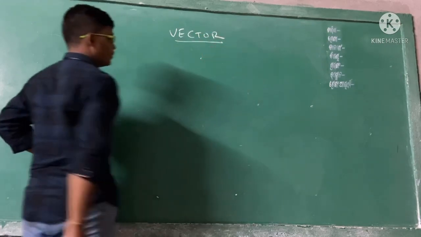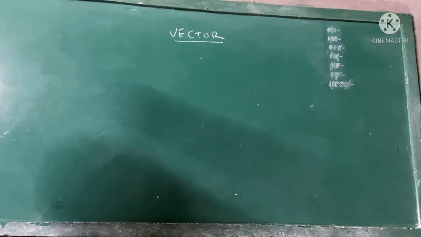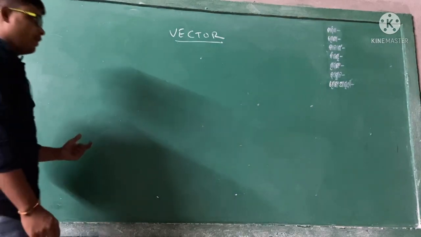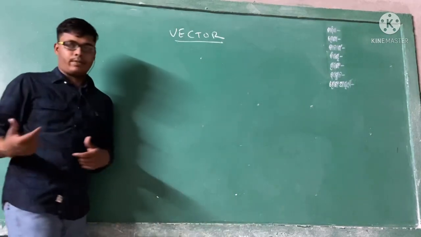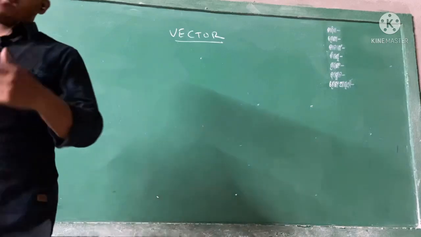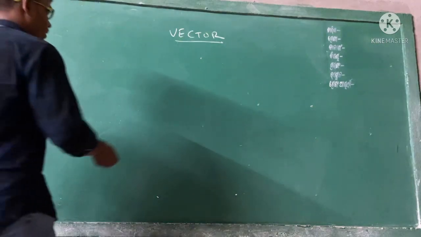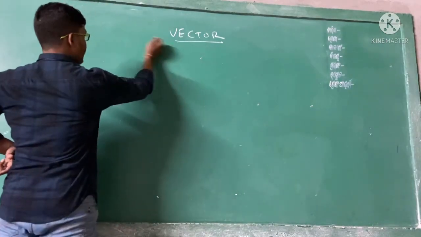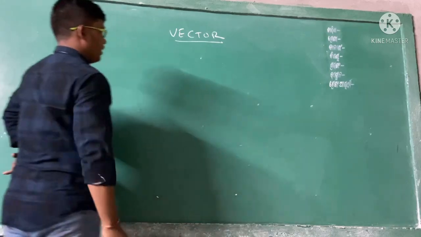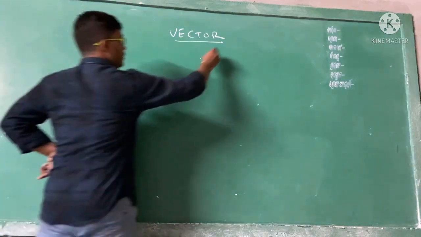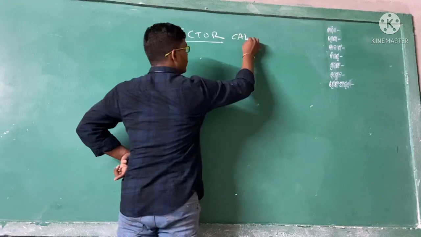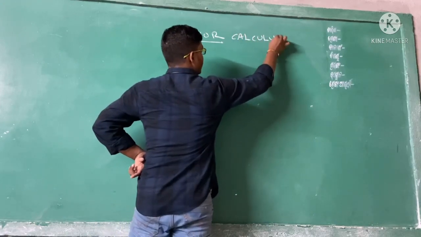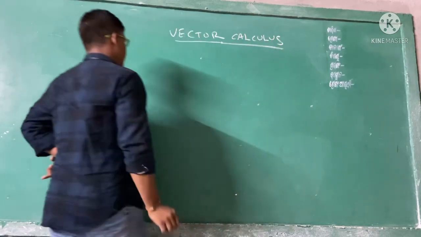So this is the vector calculus. Using mathematical operations, then multiplications, different techniques will be used in this calculus. So we have two categories of the physical quantity, and the operations under them will be calculus.